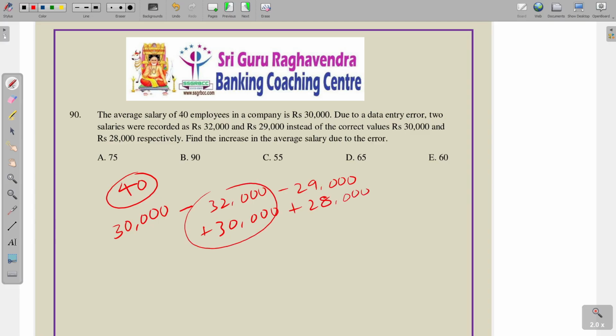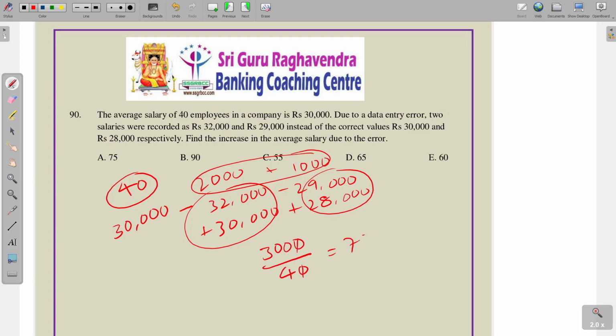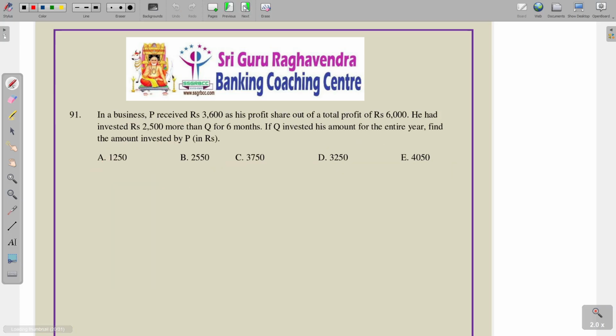So the error at this place is 2,000 and at this place 1,000. Total error is 3,000, divided by 40 members. It is 75. Find the increasing error, that is 75. Increasing error is 75.